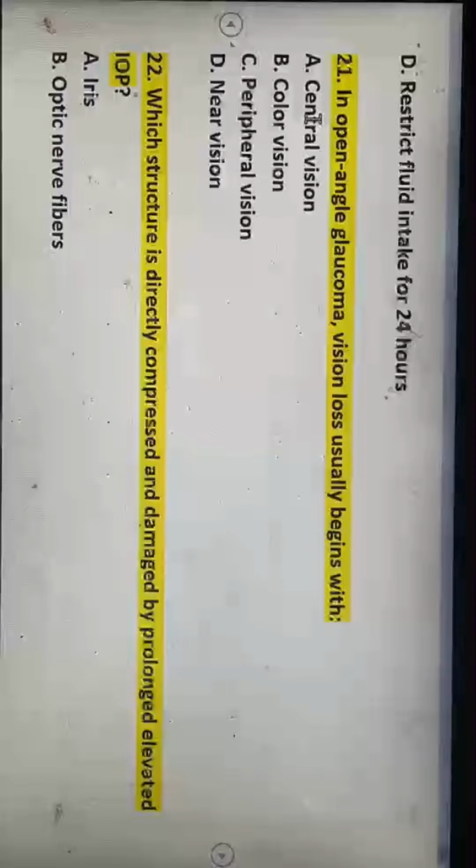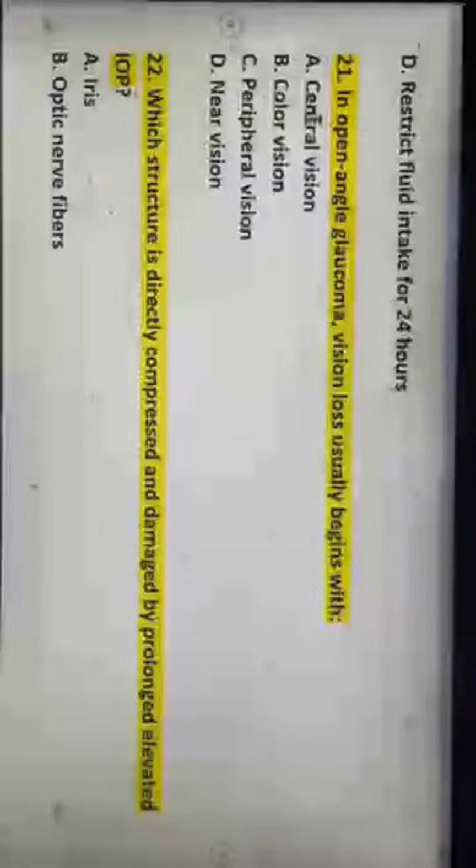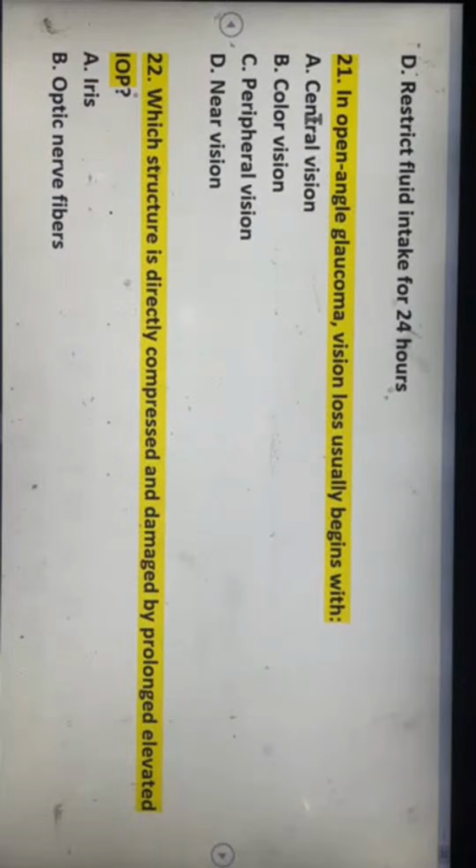So what is your answer? Now, if you choose D, you are wrong. If you choose color vision, you are wrong.